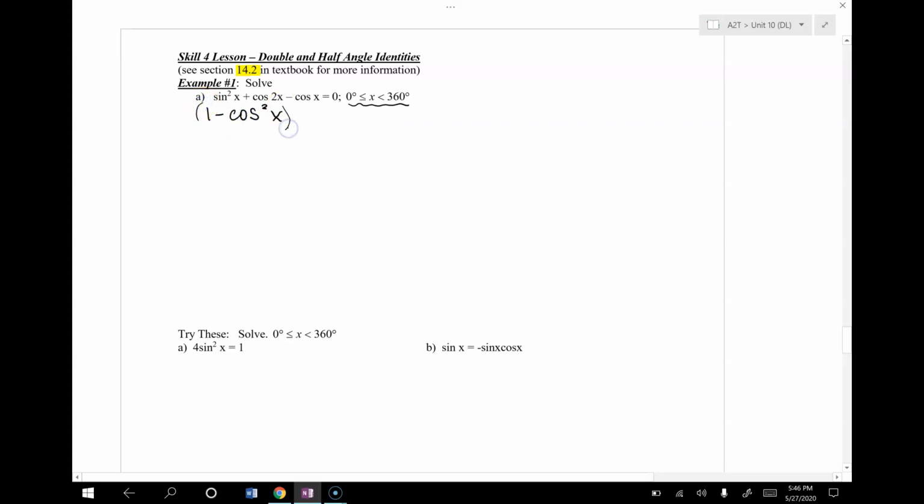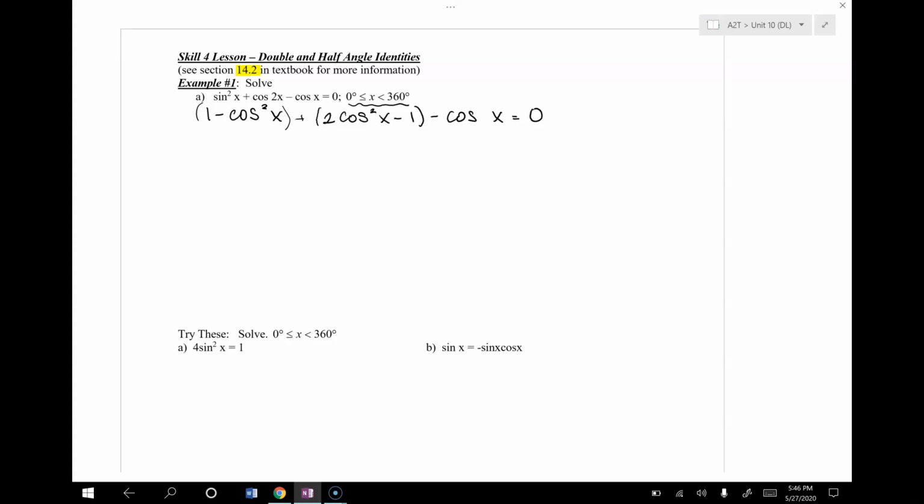And I know that I can change cosine double angle to be 2 cosine squared of x minus 1 minus cosine of x. In changing the sine squared using the Pythagorean identity, and in changing cosine double angle to be cosine of x, or cosine squared, pardon me, that means that now every trig function in this equation is cosine, be it squared or singular, and I can solve a little bit easier.